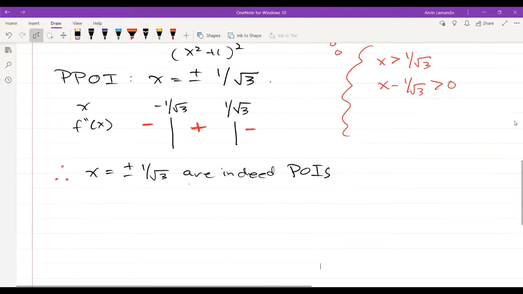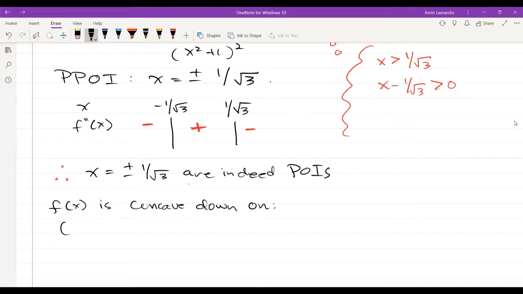Also, we can see from the table of signs that f of x is concave down on the following intervals: from negative infinity to negative 1 over square root of 3, and 1 over square root of 3 to positive infinity.